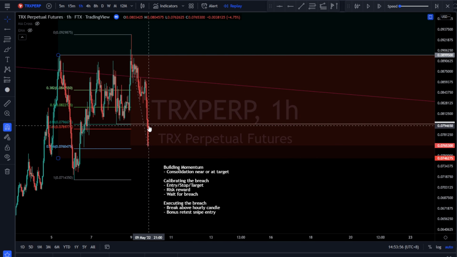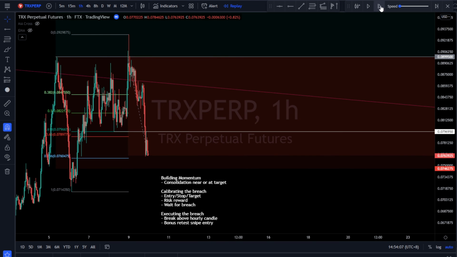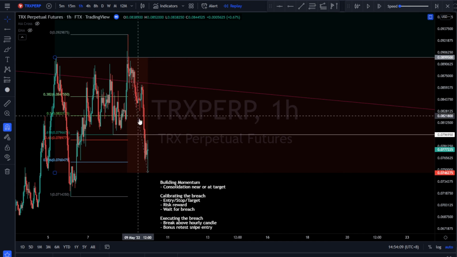You can actually take the snipe entry here, which, depending on price action on the 5-minute, you might have been stopped out already. And we keep going, and the trade stopped out.